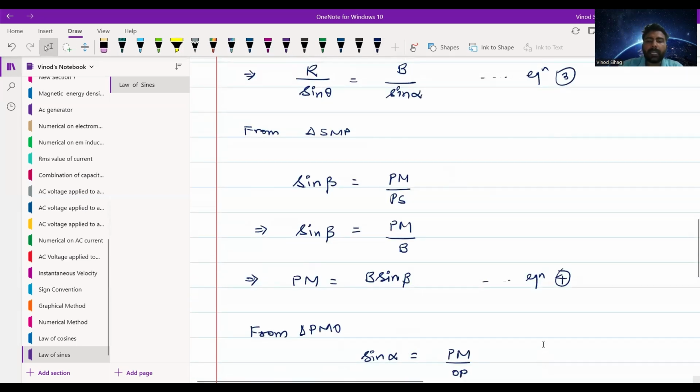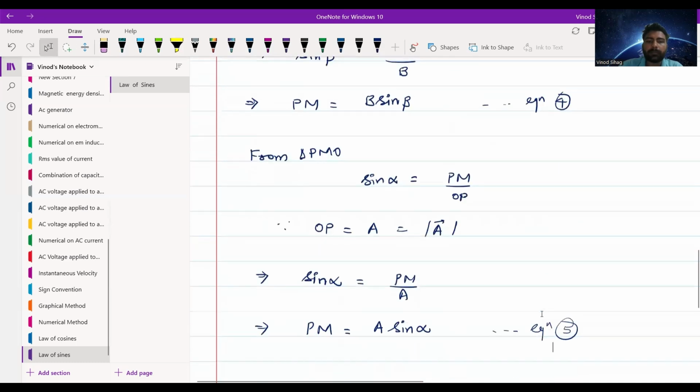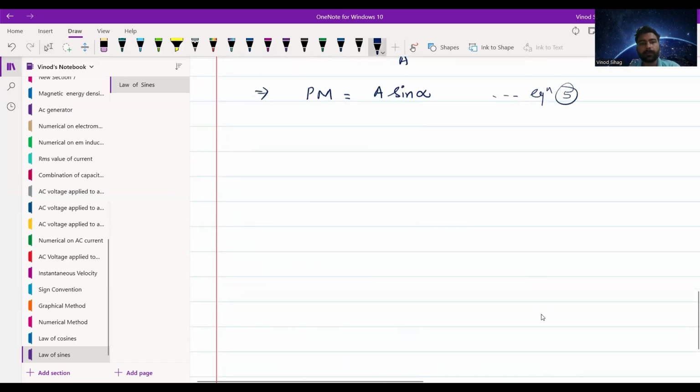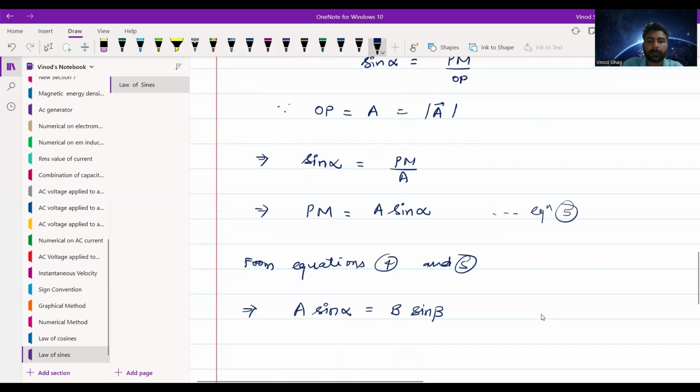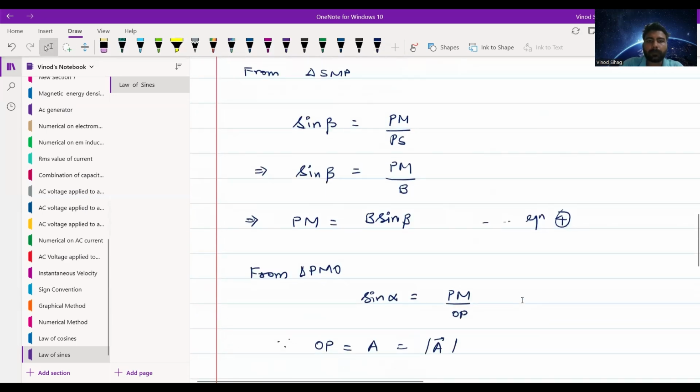Now combining equations 4 and 5, because both are equal to PM, we can say that A sine alpha equals B sine beta.